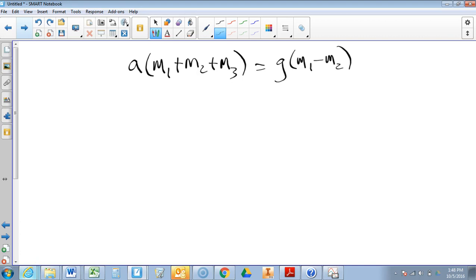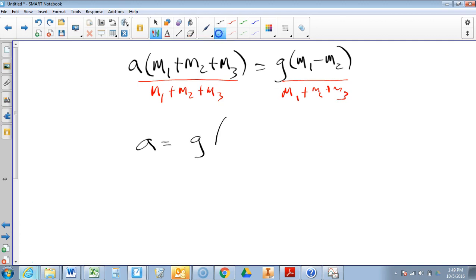So I'm going to divide both sides by this mess. That's going to give me A equals G times (M1 minus M2) divided by (M1 plus M2 plus M3).